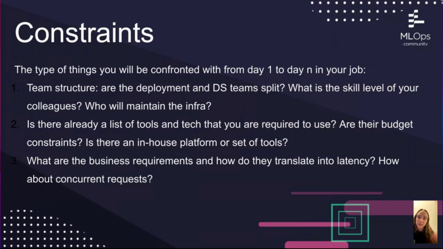Some of the things that will really influence what you end up building, I'll talk through some of them, but one of the biggest I've seen practically is the team structure. Different companies have different structures.